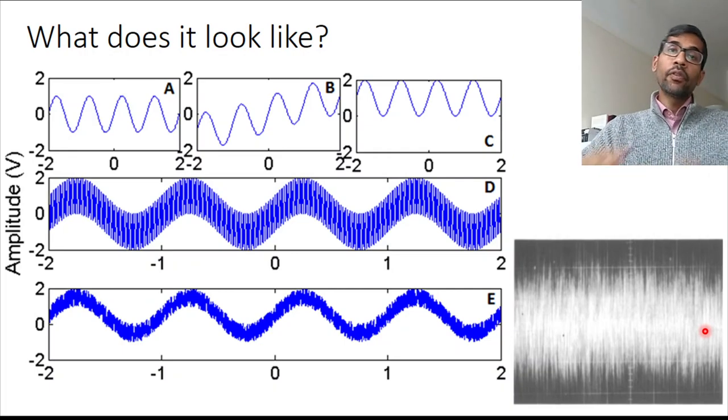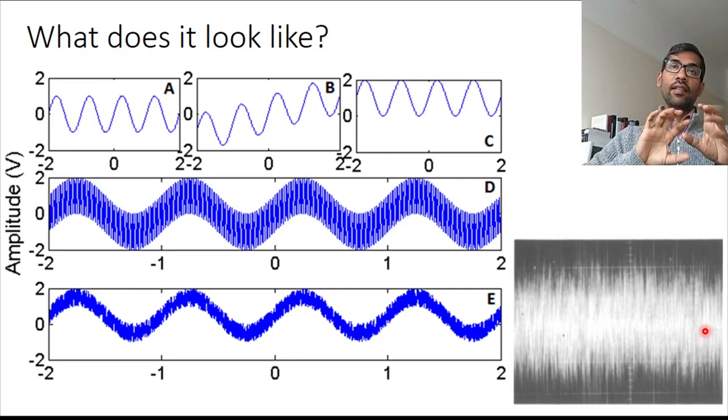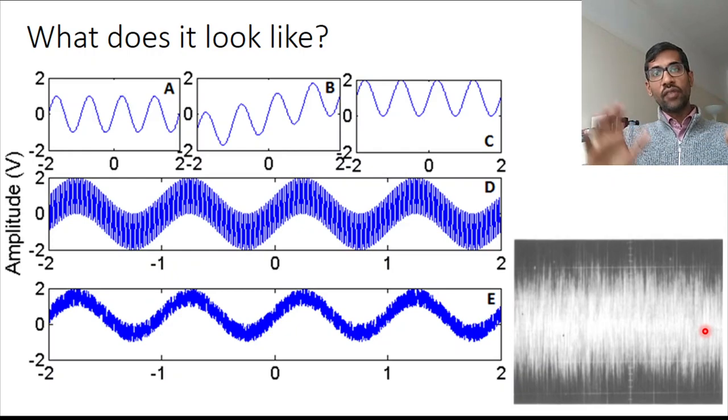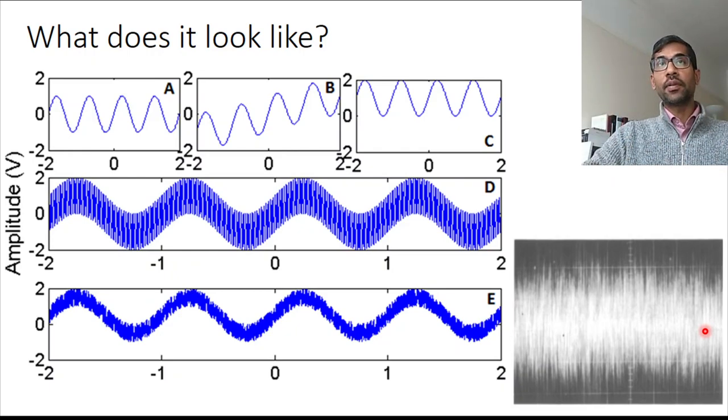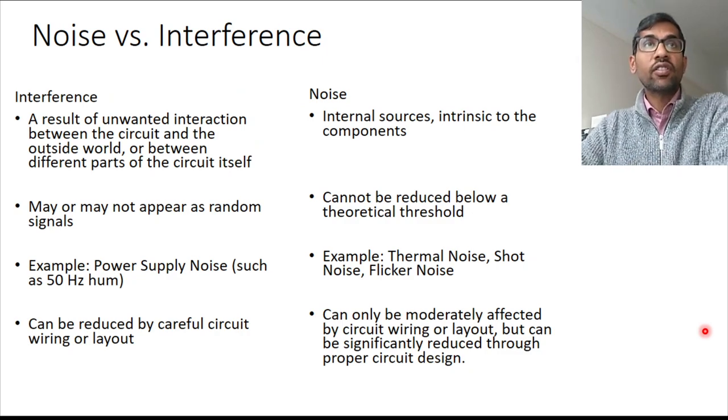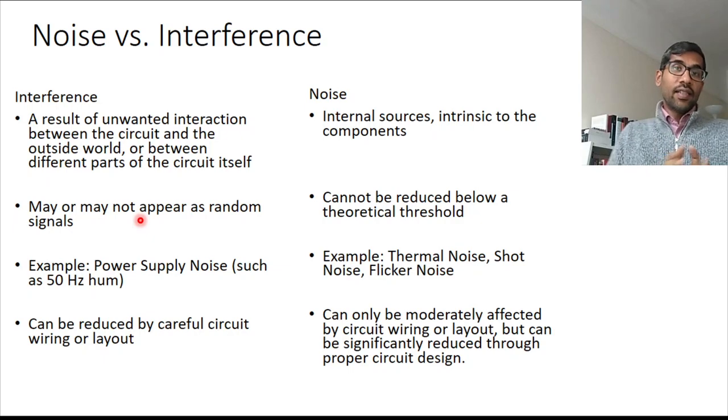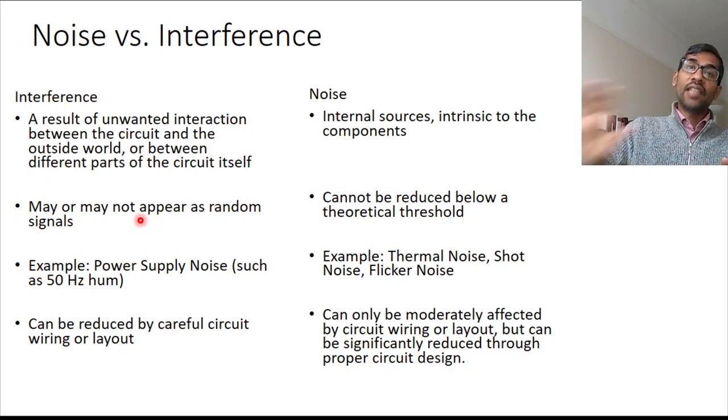So that was just to give you an idea of what noise is, and now I want to distinguish between noise and interference. Let's talk about the difference. There is a very clear distinction between what noise is and what interference is. Interference is basically a result of an interaction between the circuit and the outside world.